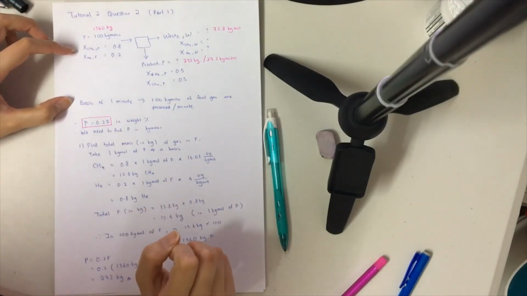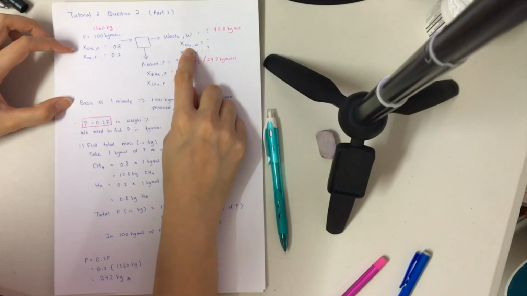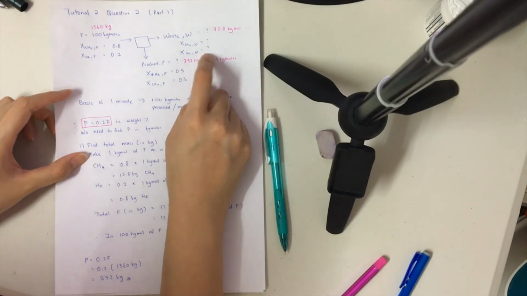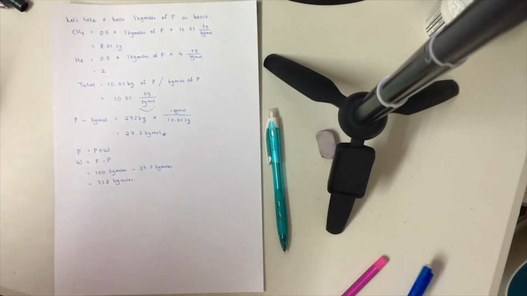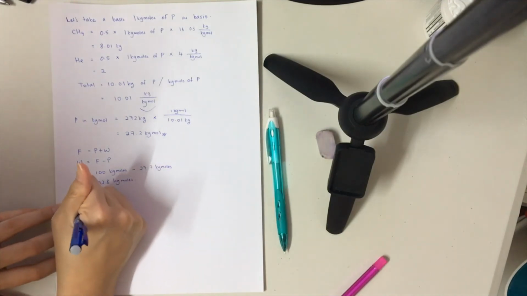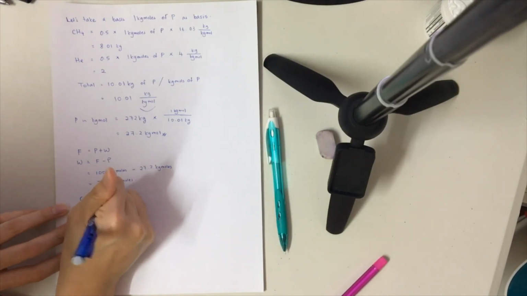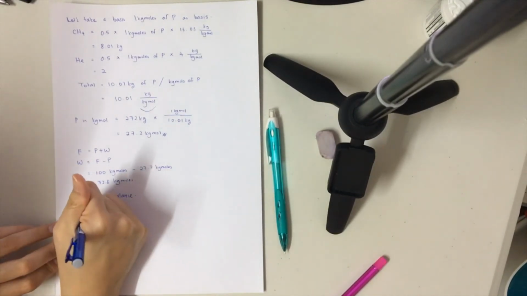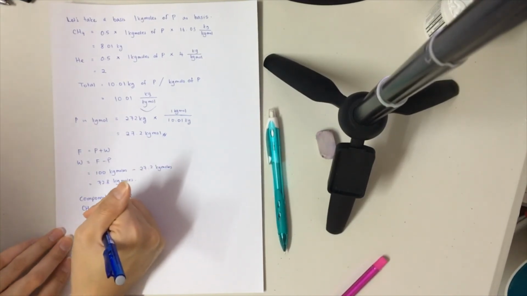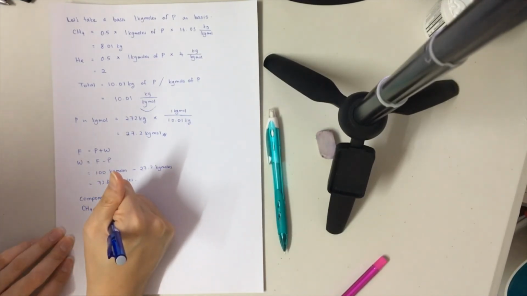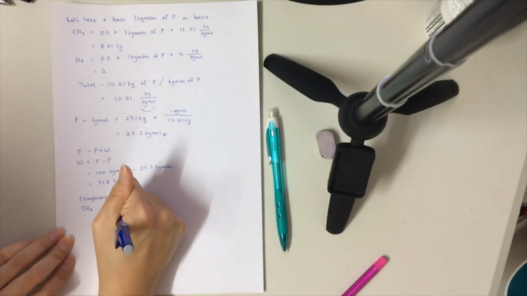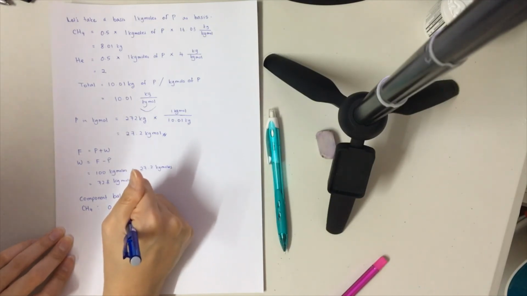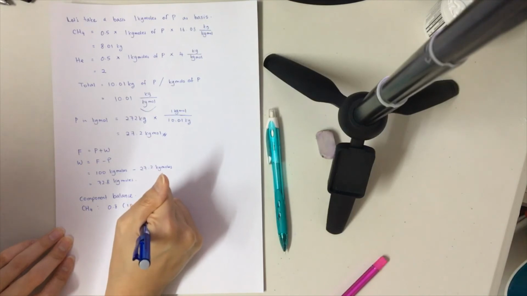And all we are left with is the composition in the W stream, the waste stream. We can find this out straight away from component balances. So let's do a component balance for CH4. What goes in is 0.8, or 80%, of CH4 in the feed stream, and the feed is 100 kilomoles.